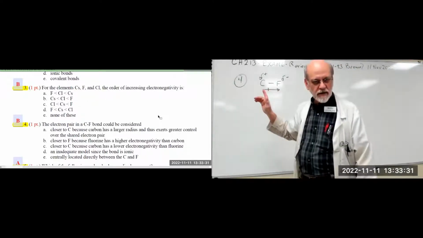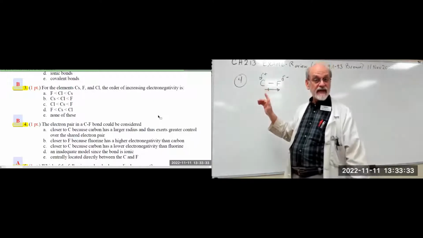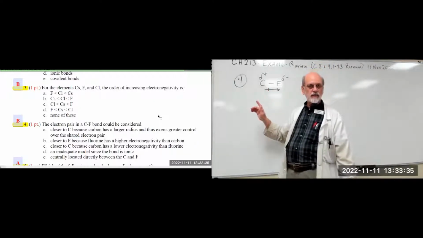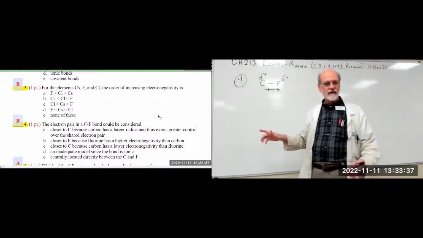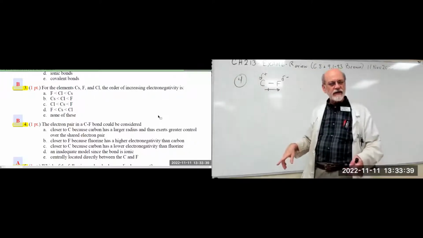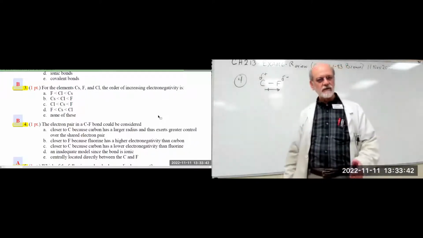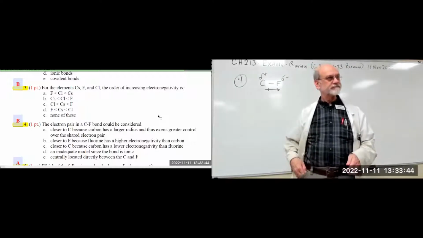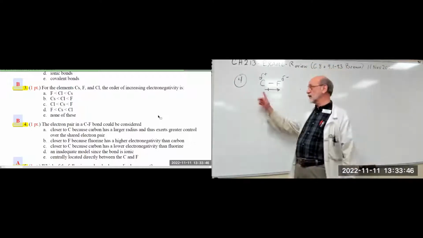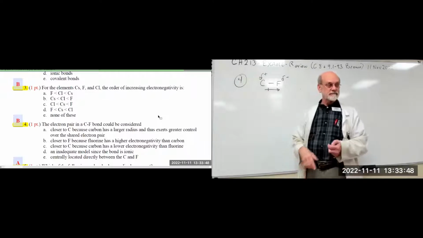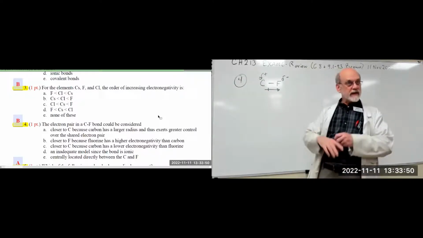So which one? Well, C's out also, so maybe B. Closer to fluorine because fluorine has a higher electronegativity than carbon. There's your answer. They're not centrally located because they're not equal. E would be counted out also.